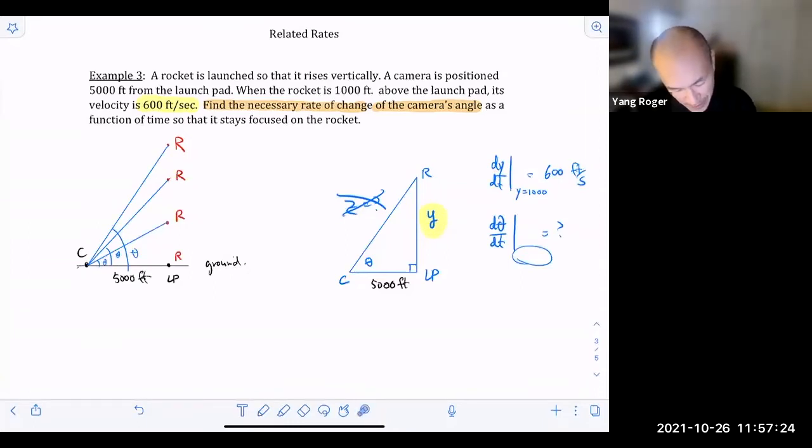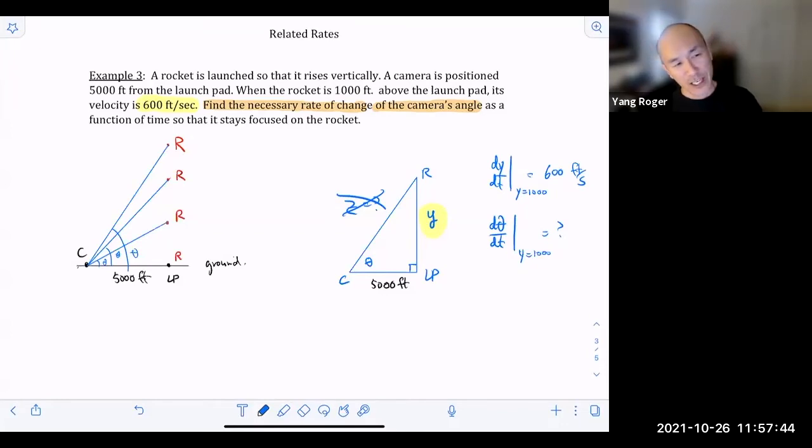And then they're saying, find the necessary rate of change of the camera's angle as a function of time so it stays focused on the rocket. So I feel like we should probably have 1,000 over here. Okay.